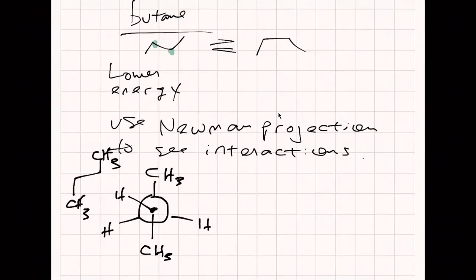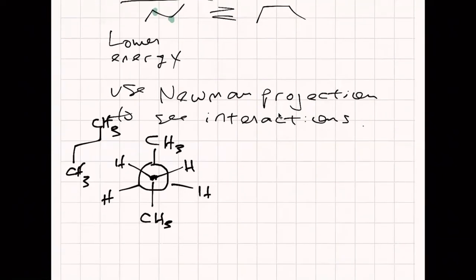And this is one of multiple conformations that you can have for butane. This particular one is staggered, but it's also what we call anti, because the two methyl groups are the furthest apart. They're 180 degrees apart.